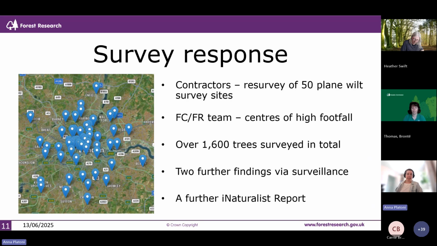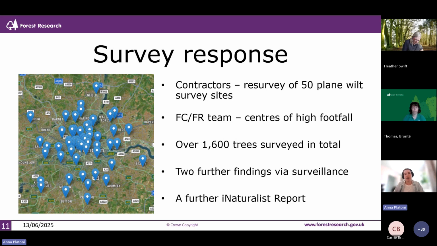So what did we do next? There was a survey response to this pest. The aim was to find out whether it was simply in this one area or further beyond. So it prompted a coordinated survey effort. We used contractors to survey plane trees across London.